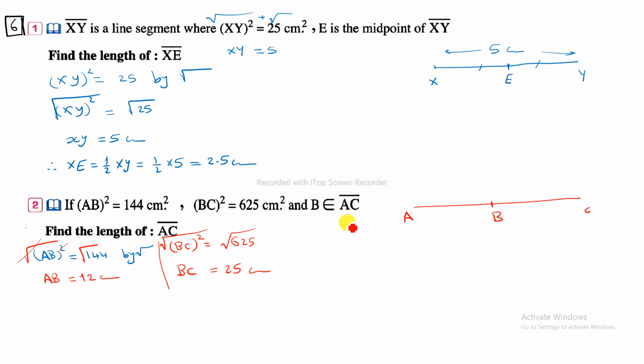We found the length of AB is 12 centimeters, and we found the length of BC is 25. So B belongs to the line segment, AB is 12 centimeters and length of BC is 25 centimeters.